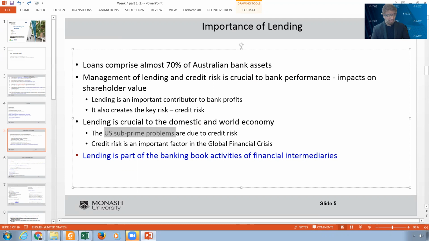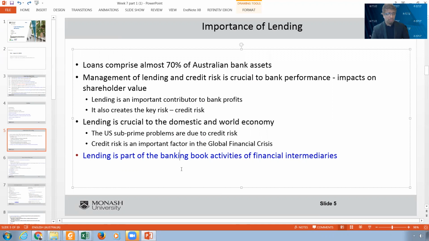Credit risk control is also important because of the contagion phenomenon that goes from one country to another and from one bank to another because of the integration, especially when we talk about big banks. It was a factor in the global financial crisis, and it's a concern in this issue.